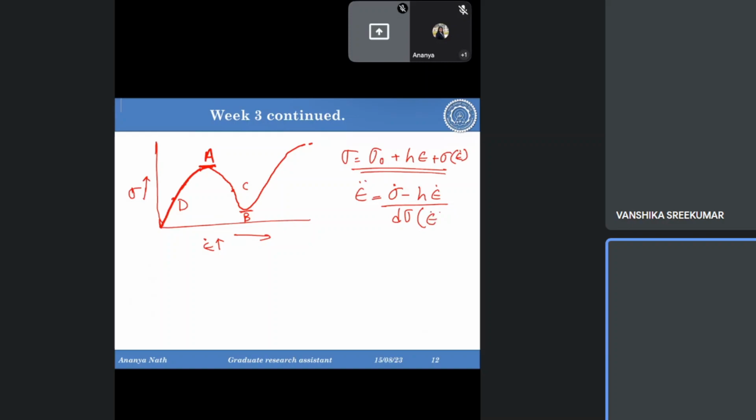This was giving us the result like this: double dot epsilon, the first order differentiation of the strain rate, is giving us an infinite value at points A and B, because those are the maximum and the minimum points, and in differentiation the maximum and minimum points give us the infinite value.